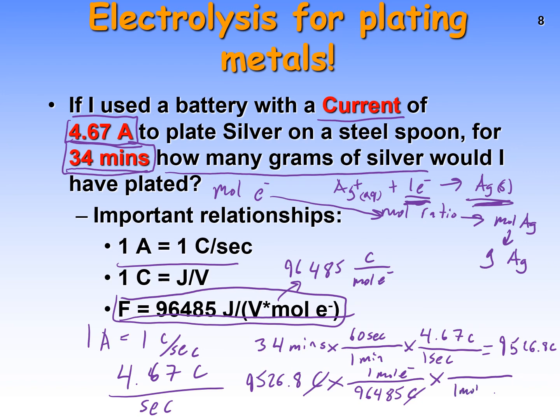I know that 1 mole of electrons in this reaction gives me 1 mole of Ag solid. And I know the molar mass of silver is 107.2 grams per 1 mole of Ag. If we do all of this out, moles of electrons cancel, moles of silver solid cancel, we're left with grams of silver, which will give us the mass that we plated out on this spoon.